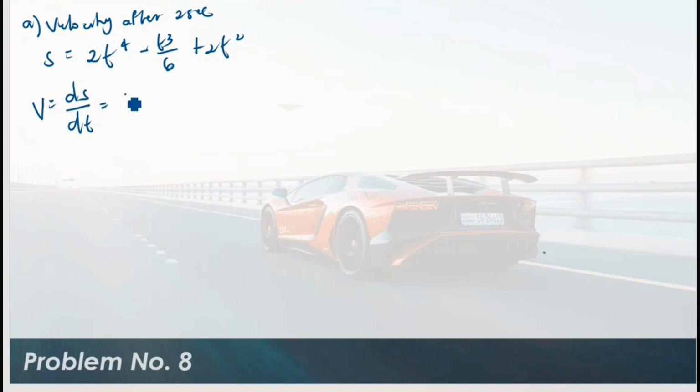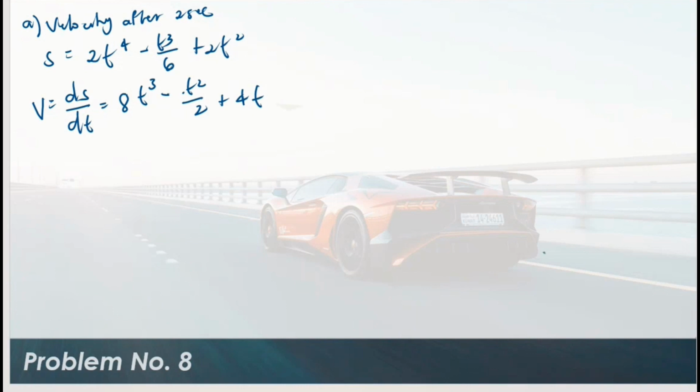So that is 8t cubed minus t squared over 2. Why t squared over 2? This becomes 3t squared over 6, and 3 over 6 is 1 half, or t squared over 2, plus 4t.